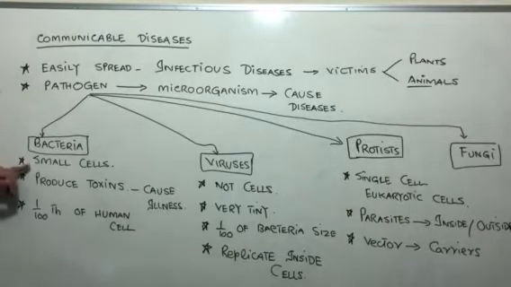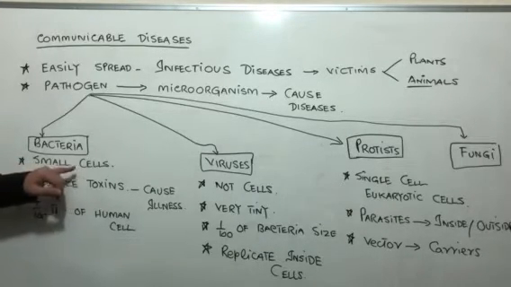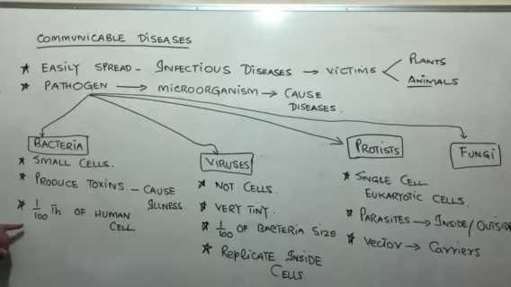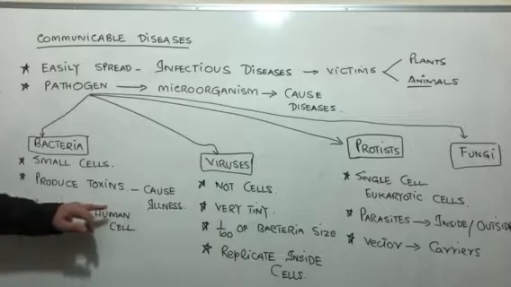Bacteria are very small cells, so small that they are almost 1/100 of a human cell. If you divide a human cell into 100 equal parts, one part is equal to a bacterium. And how do they cause illness inside the body?